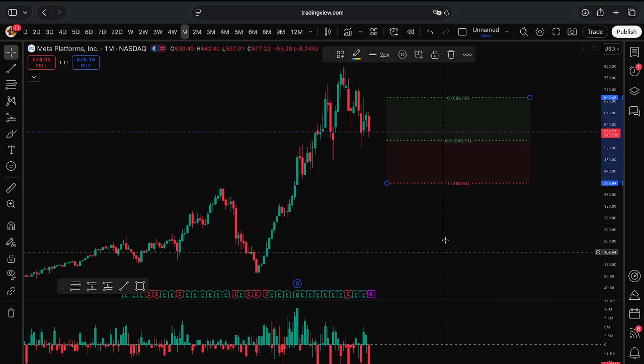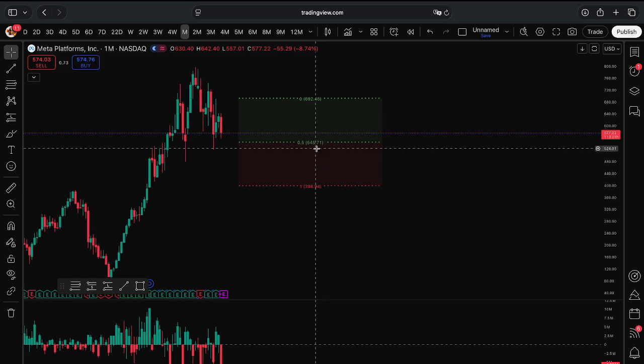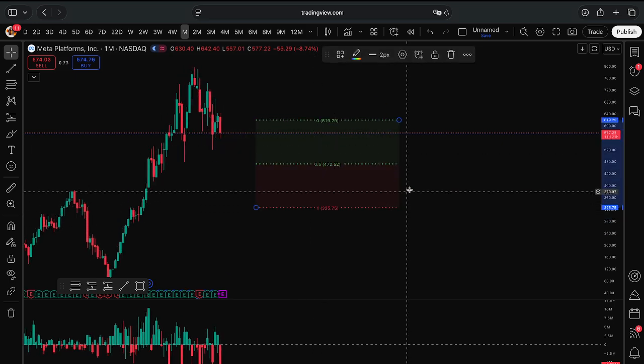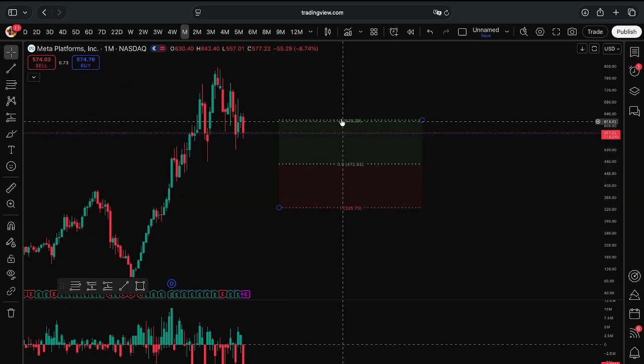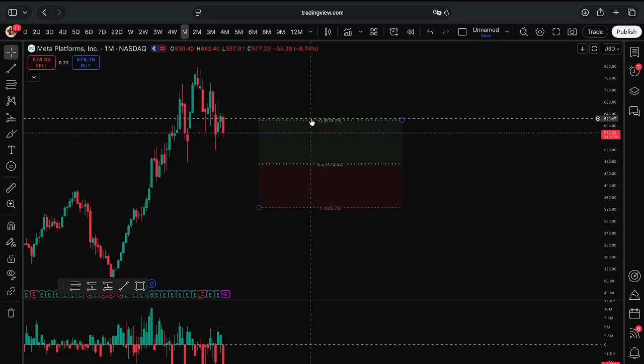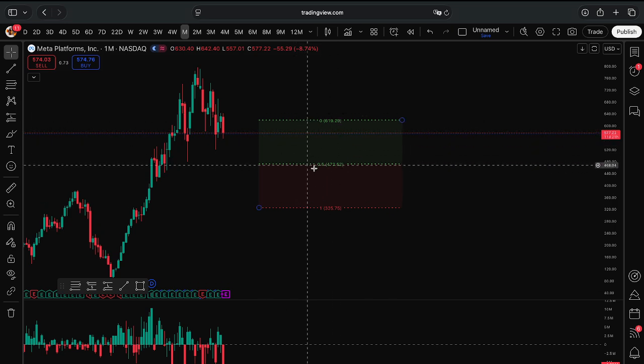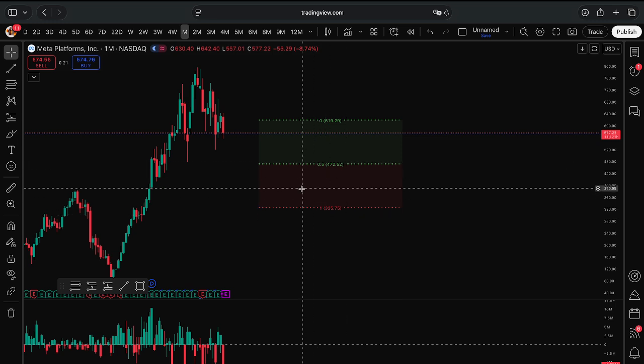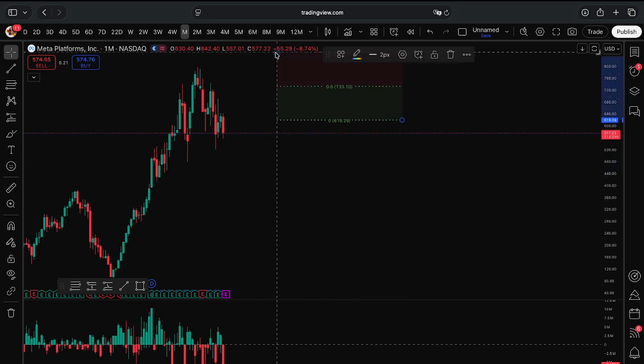Okay, perfect. If you don't know what a premium or a discount is, basically it's a zone of a swing's range where in a premium you want to sell and in a discount you want to buy, usually. So this is how it works.